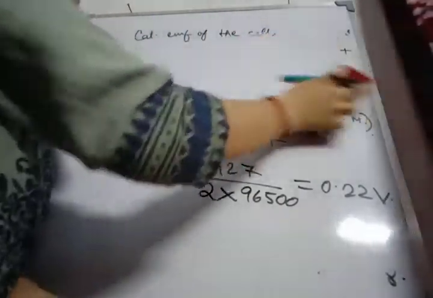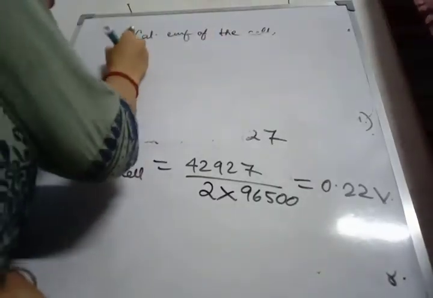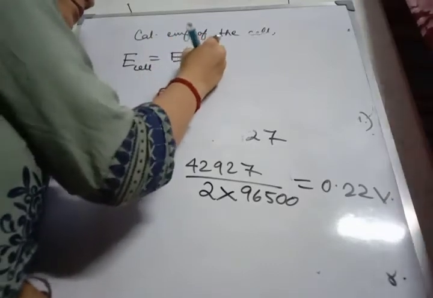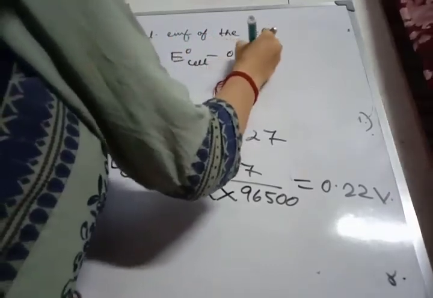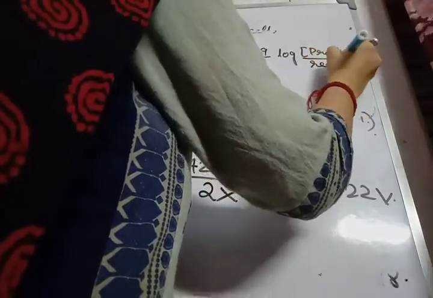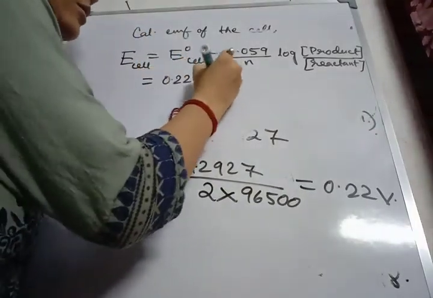Next step: E cell equals E0 cell minus 0.059 divided by n times log of product concentration divided by reactant concentration. E0 cell, we know, is 0.22.